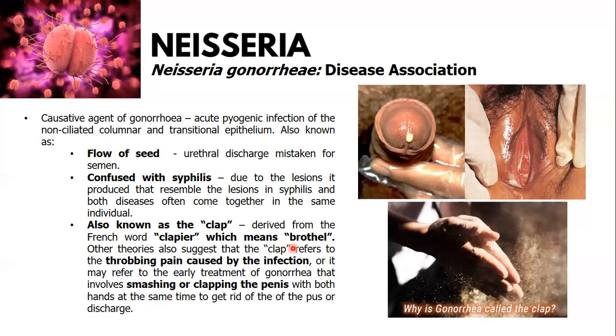Other theories suggest that the clap is attributed to the throbbing pain caused by the infection, or it may refer to the early treatment of gonorrhea that involves smashing or clapping the penis with both hands at the same time to get rid of the pus or the discharge.